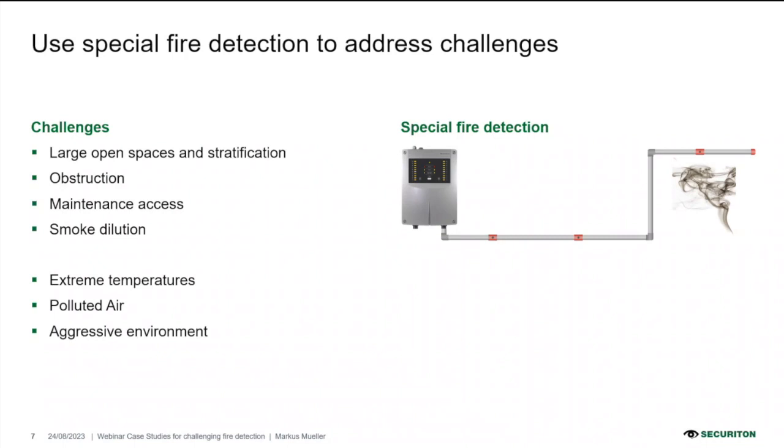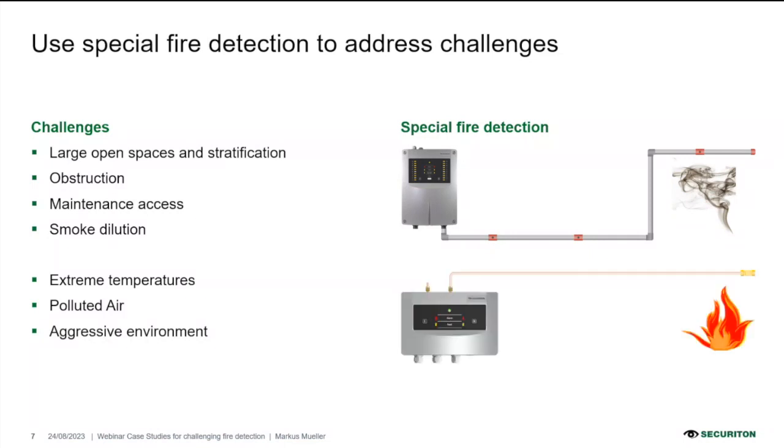If you have extreme temperatures, polluted air, or an otherwise aggressive environment, you may opt for linear type heat detectors. But of course, the challenges are numerous, and special fire detection is not limited to those two products.